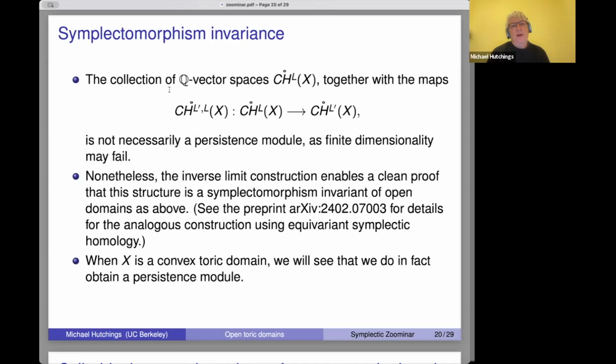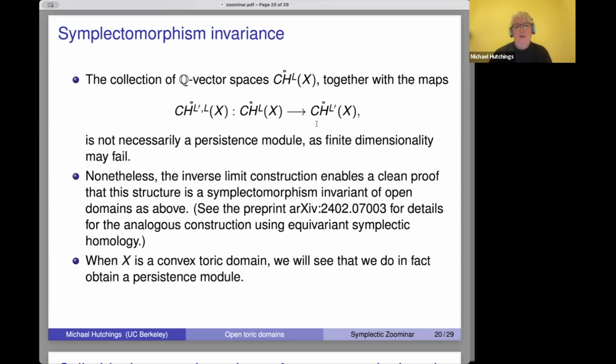So we've got these vector spaces which depend on L, and we've got these morphisms. This might not quite satisfy the usual definition of persistence module, because if your domain X is nasty enough, then these vector spaces could be infinite dimensional, and there could be infinitely many places where these maps are non-trivial.